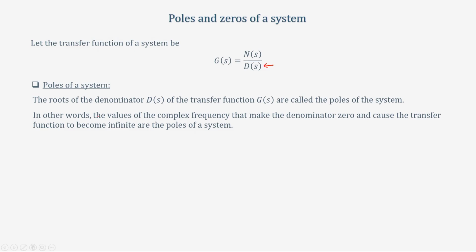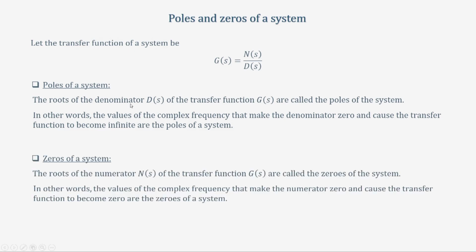In other words, remember what S is? S is complex frequency. The values of the complex frequency that make the denominator 0 make the transfer function infinite, right. So, all those complex frequencies at which the transfer function becomes infinite are the poles of the system. What are zeros then?